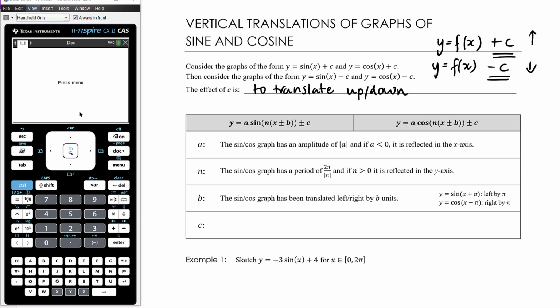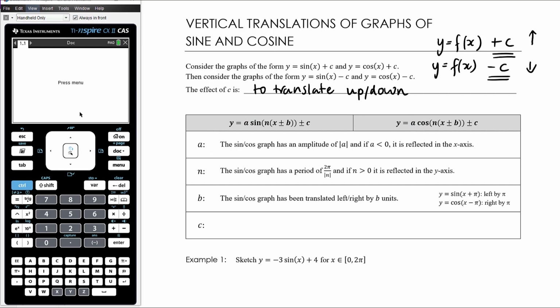So let's now summarise all our transformations. We're now looking at 4 possible values in the sine or cos function. So a number out the front, which is about dilation from the x-axis, so that's going to change the amplitude of the graph. Similarly, if that value is negative, we'll get reflection in the x-axis.